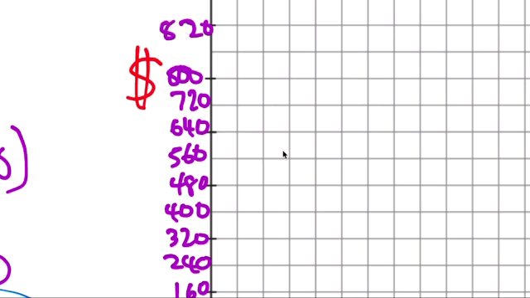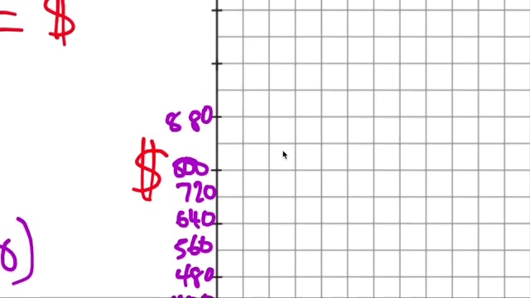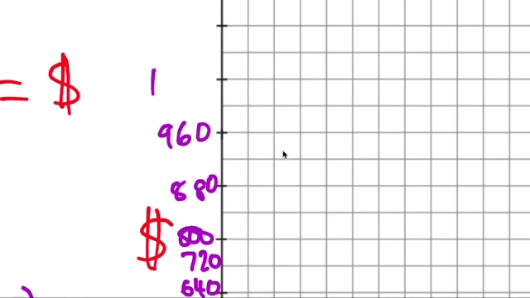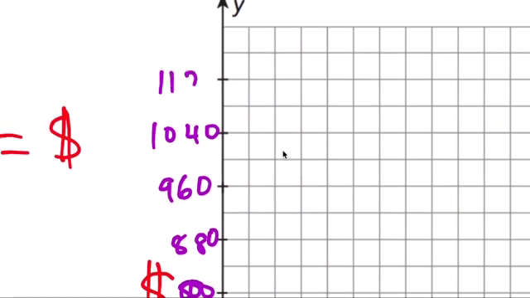Oh no, more than that, 880, 960, 1120, and one last one.